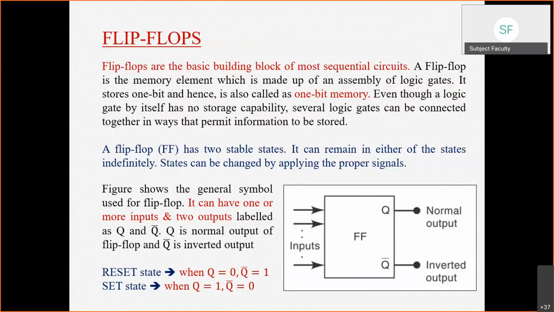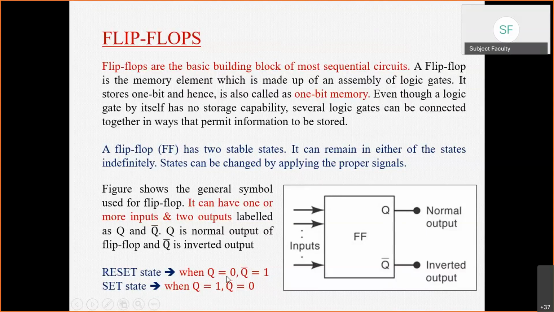And this thing you have to remember, that outputs are always complementary of each other. Q is called the normal output and Q bar is the inverted output. Now two states are very important. You should understand these 2 points.